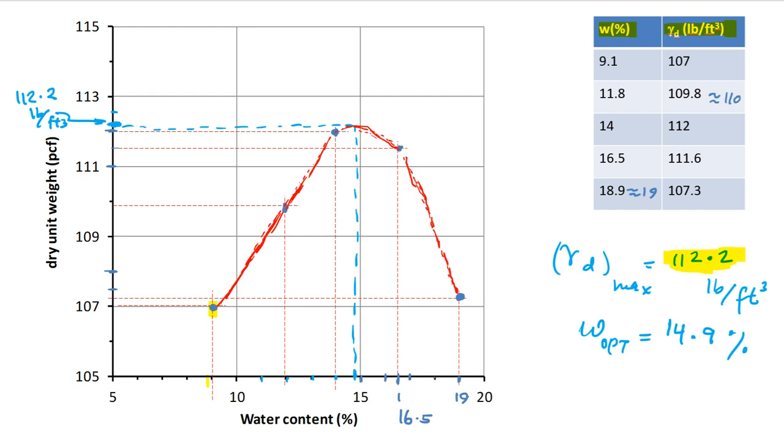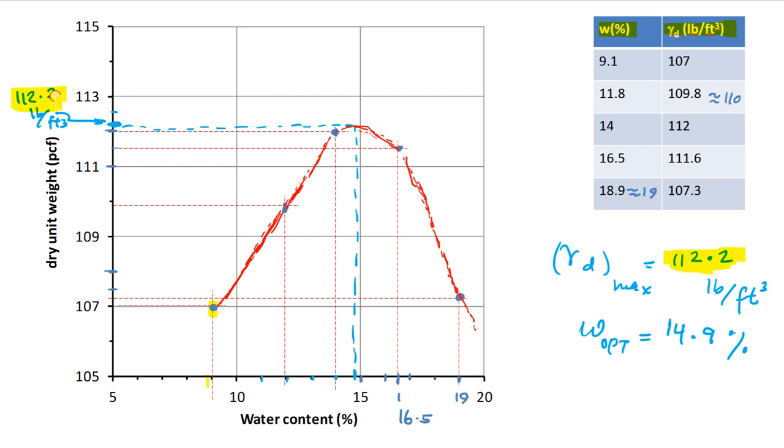Now where is 107 pounds per cubic foot? You see our curve starts at 107 and the curve finishes here. So what we can do is extend with the same slope, with the same trend. Now let's look at where is 107.